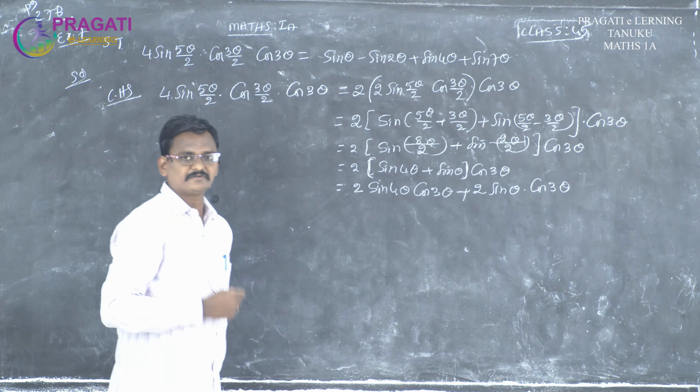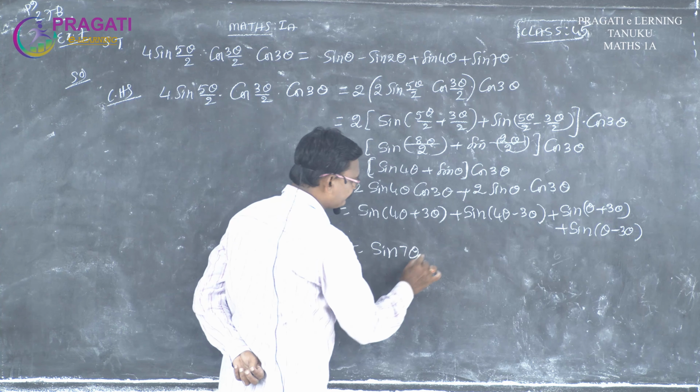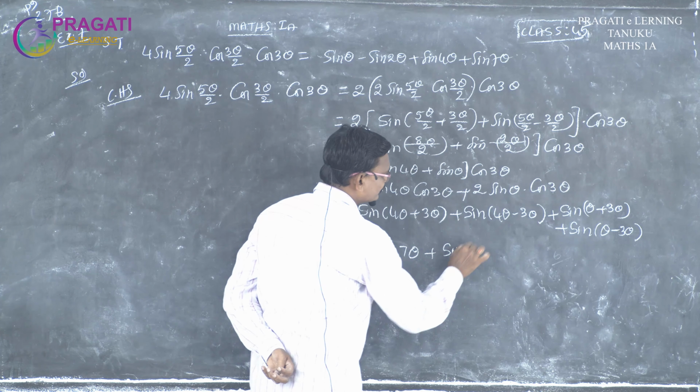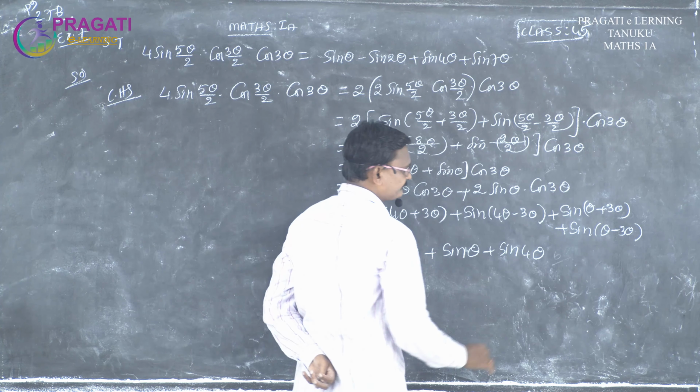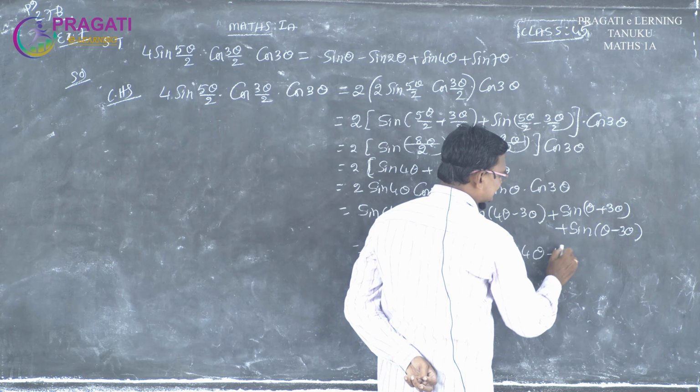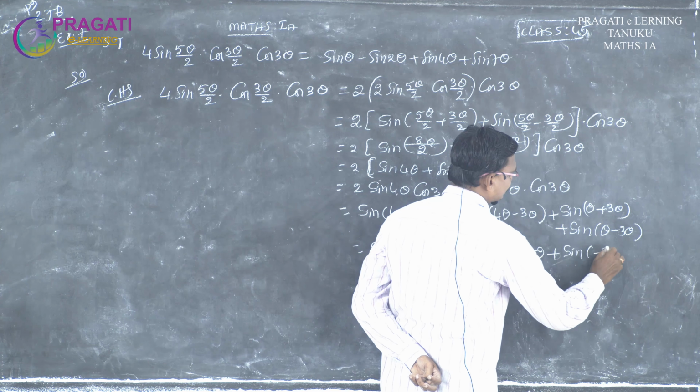Now simplify: sin 4 theta plus 3 theta gives 7 theta, plus sin(4 theta minus 3 theta), only theta, plus sin(theta plus 3 theta), that means 4 theta, plus sin(theta minus 3 theta), that means sin(minus 2 theta).